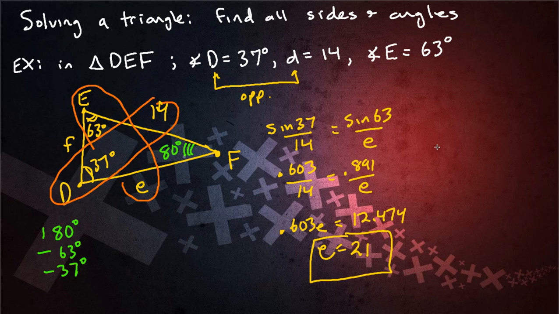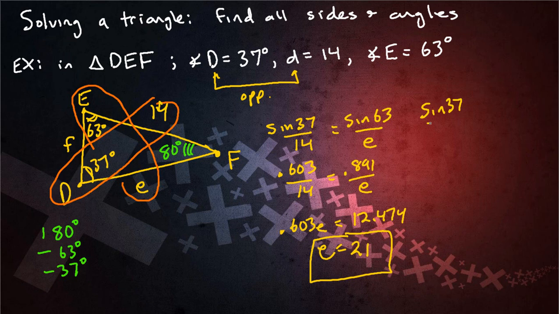So now I'm going to get this F. F is across from E. I could do sine 63 over this E that I just calculated, but I've rounded that, and if I made a mistake, then that would make me get a mistake doing F right here. So I'll just use this piece of information that I was given at the beginning of the problem.